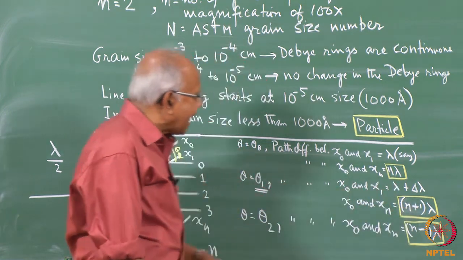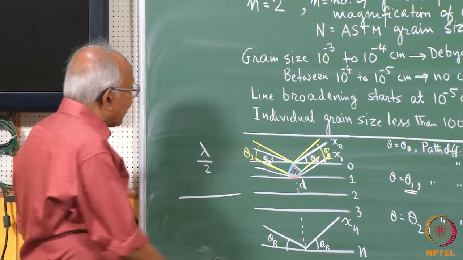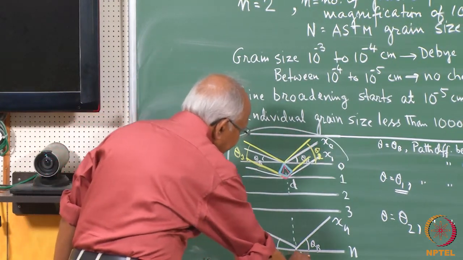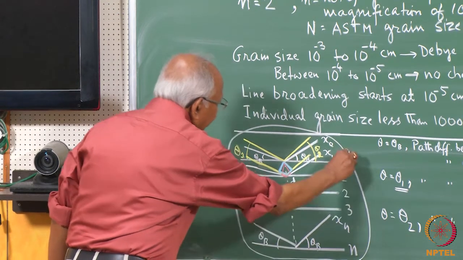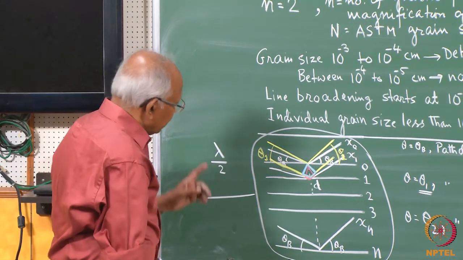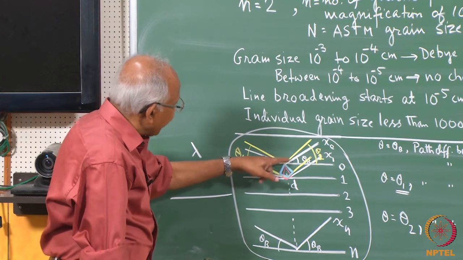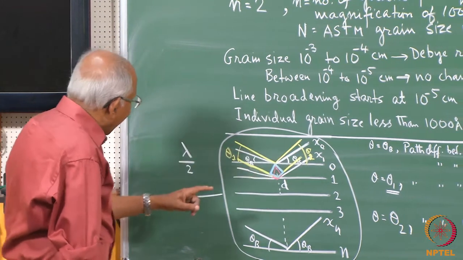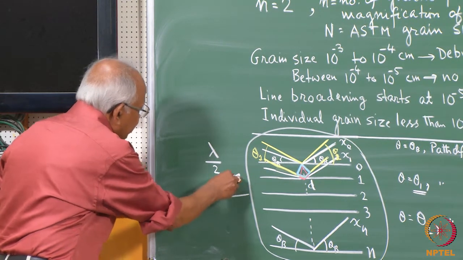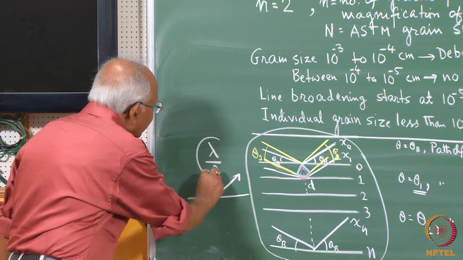So, it is (n plus 1) lambda. Why is this so? As I have already said, in the whole crystal there must be a plane somewhere in the middle such that the path difference between x0 and the diffracted radiation from that middle plane must be equal to lambda by 2.